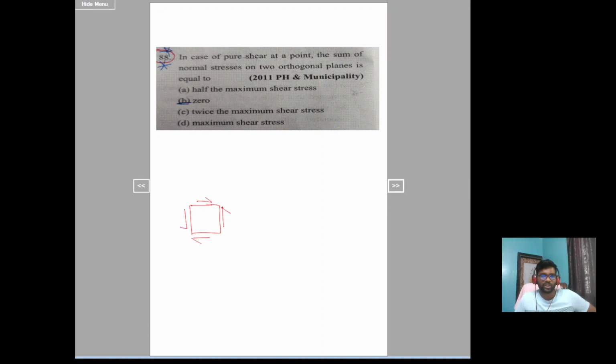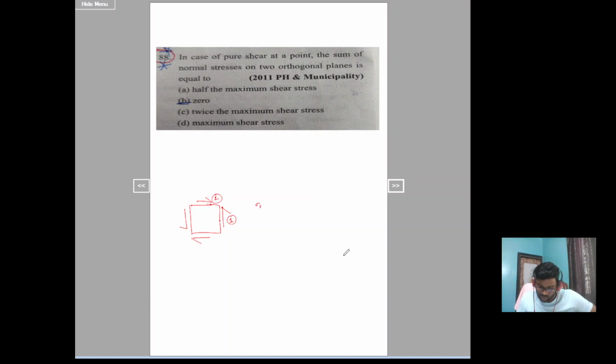In case of pure shear at a point, the sum of the normal stresses on two orthogonal planes is constant. At any element, the summation of the normal stresses acting on any two perpendicular planes will be constant. So let's take here, on this plane, what are the normal stresses?